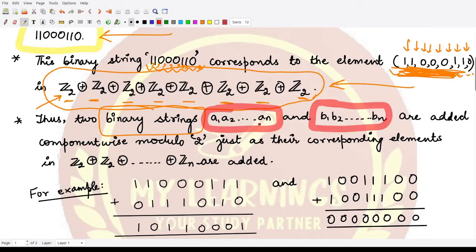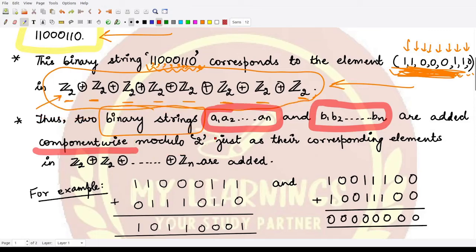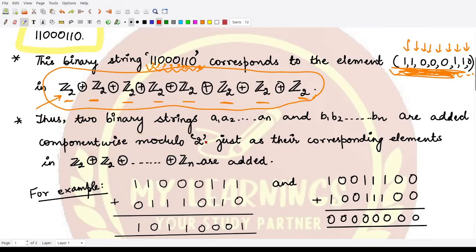Now we want to add both of them component wise, and we will do it modulo 2. Why? Because we are in the direct product group, where our individual groups are finite groups under the operation of addition modulo 2, right?